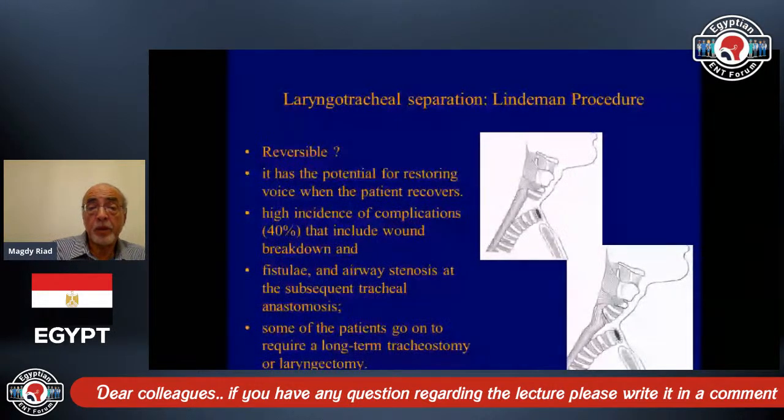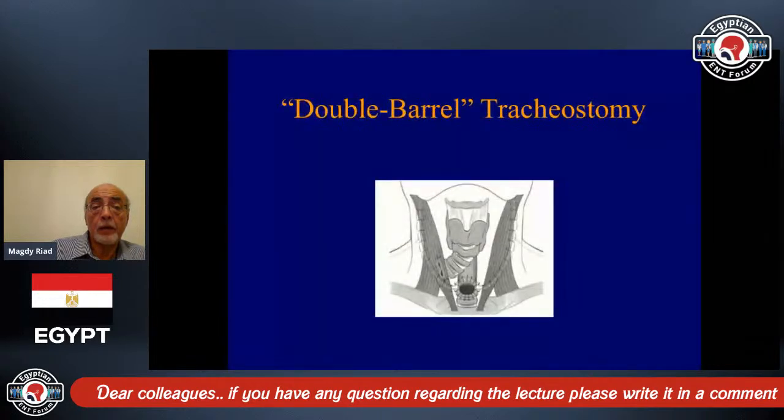I think most people have stopped doing this because it's not very rewarding. You can do it in another way. You could take the upper part and get it out of the skin laterally. So you have two openings, one into the larynx and one into the lung.